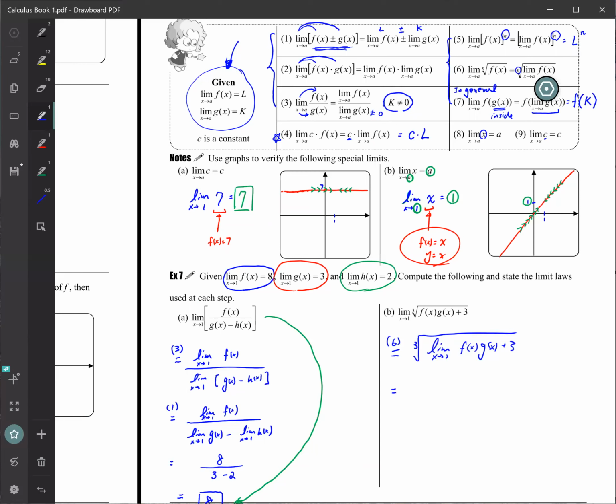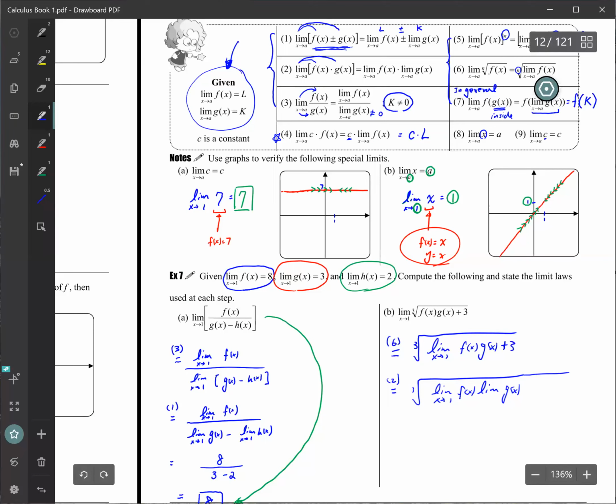I used the second law. Do you want me to expand it? Yeah. So which law do you use? Number 2, yeah. Okay. So that got me the cube root of the limit as x approaches 1 of f of x, and then the limit of g of x, and then the limit of 3. They are all multiplying, but there's an adding 3 though.